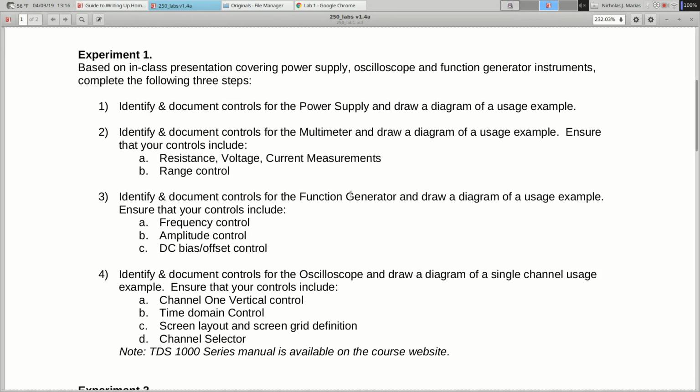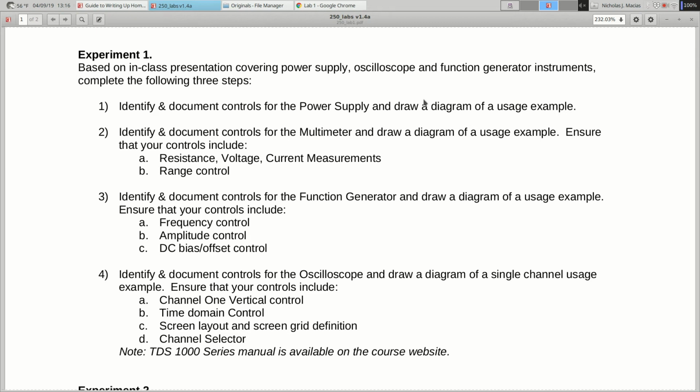So a handful of experiments. Experiment 1: power supply, oscilloscope, function generator, and multimeter. So 4 steps, 1 for each. Basically, draw a simplified picture of the device and look at what the basic controls are on it.